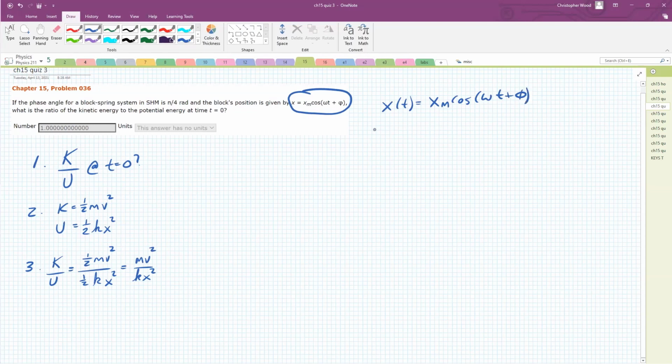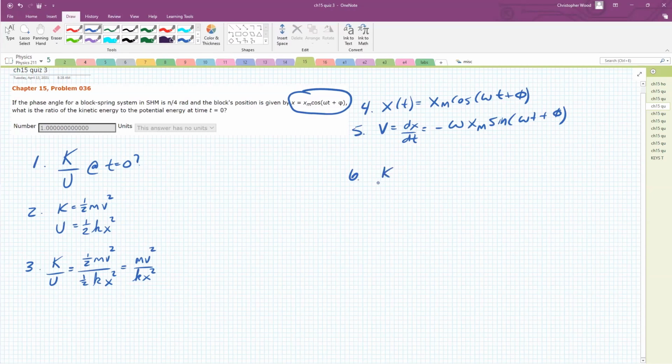My velocity, v equals dx/dt equals minus omega x sub m sine of omega t plus phi.